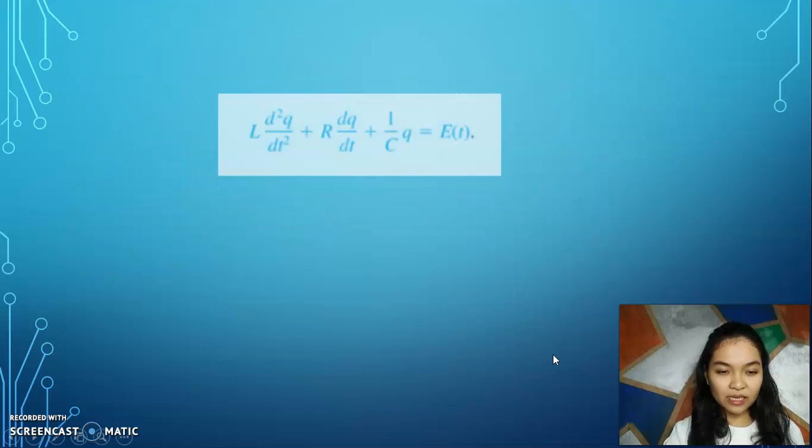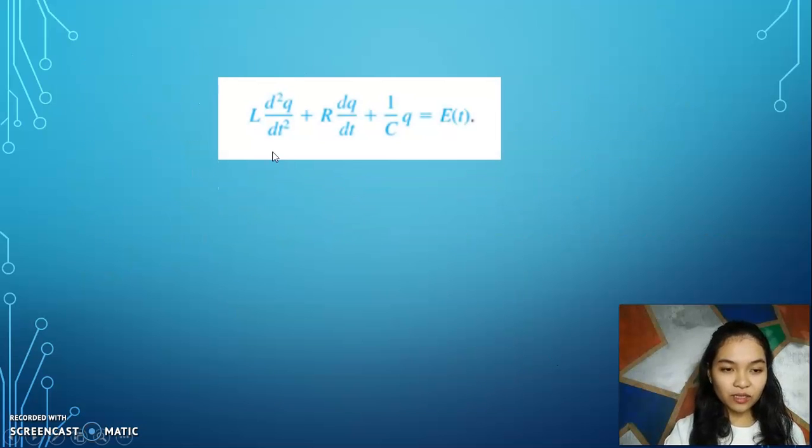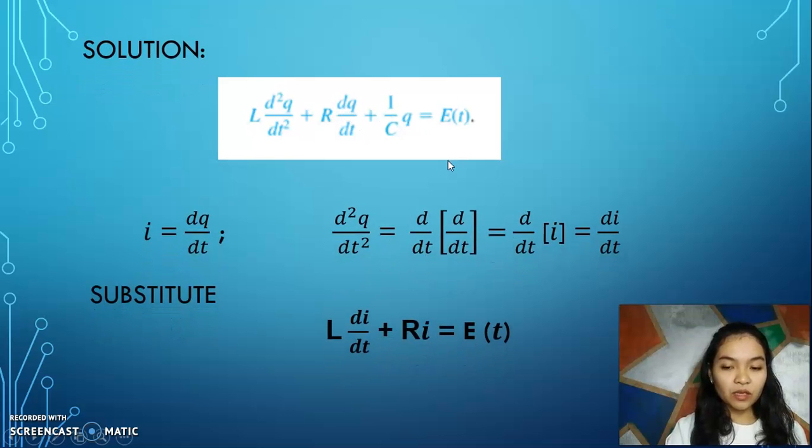we can see here this one, L d squared q over dt squared plus R dq over dt plus 1 over C Q is equal to E. We can get the differential equation. Since I is equal to dq over dt, by substituting, L d squared q over dt squared becomes L di over dt.